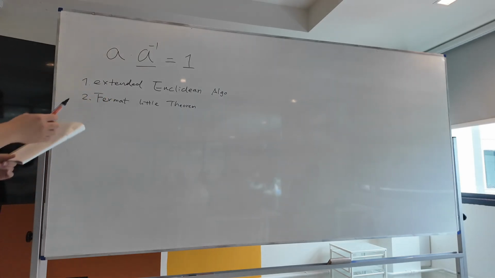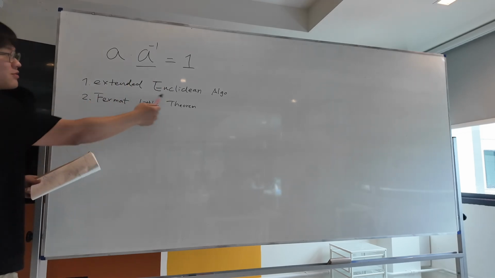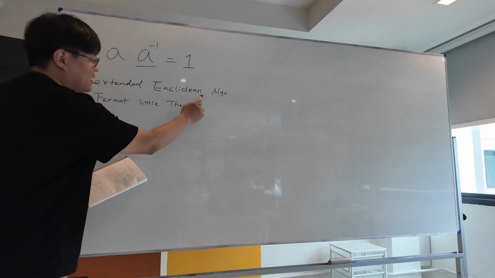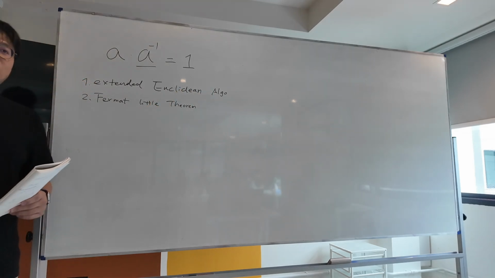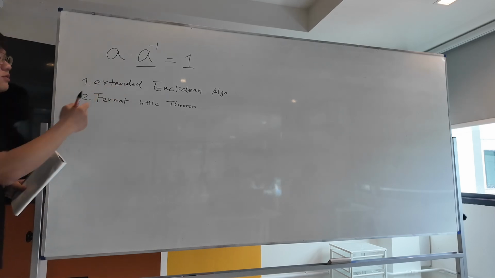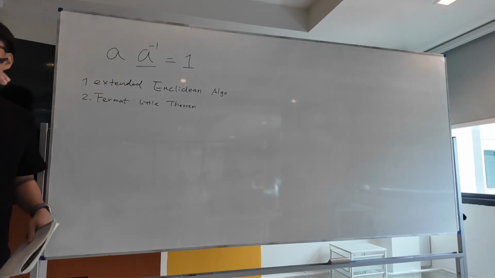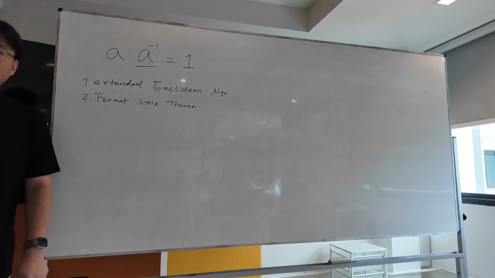I think all of you might have heard of this before. The Euclidean algorithm is just to get the GCD of two numbers. But with the extended version, after you do the GCD, you can also find the inverse.